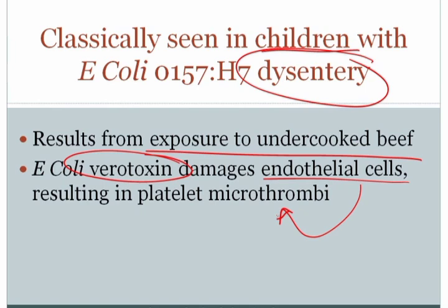So the mechanism here is kind of similar to TTP, which we just talked about. In TTP you get autoimmune destruction of the ADAMTS13, and in this particular disorder it's the E. coli O157:H7 that damages the endothelial cells, which also leads to a decrease in ADAMTS13. But that's sort of the latest information concerning this disorder.